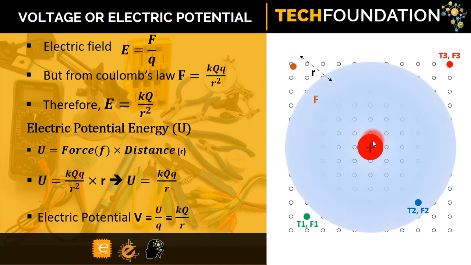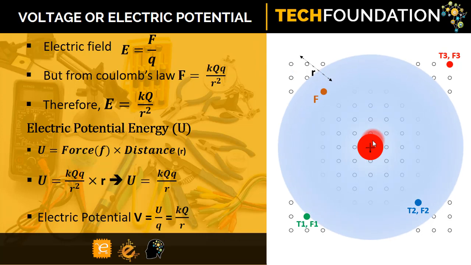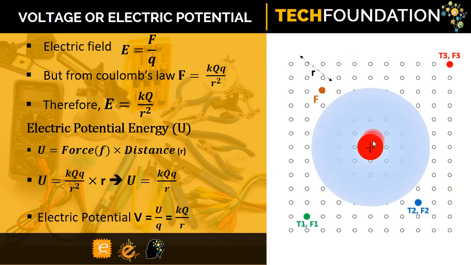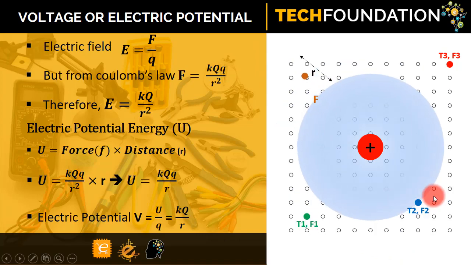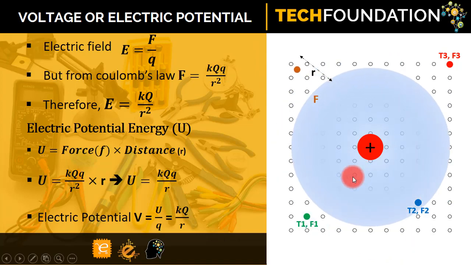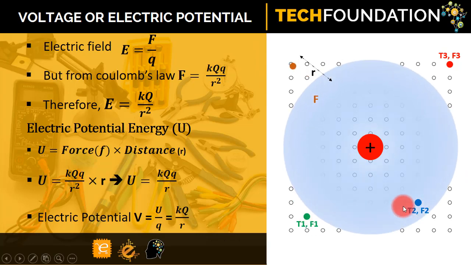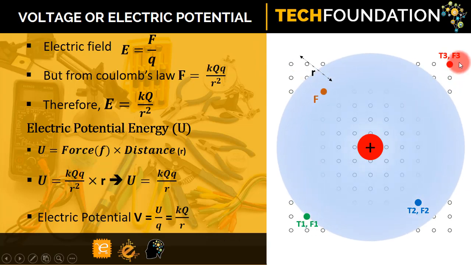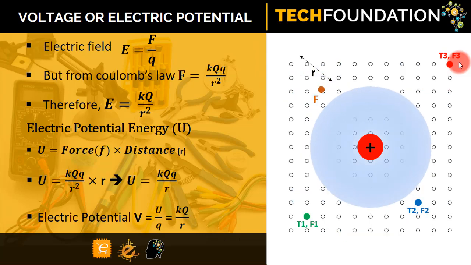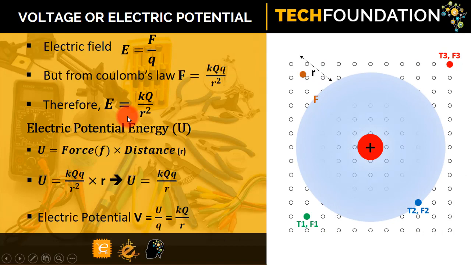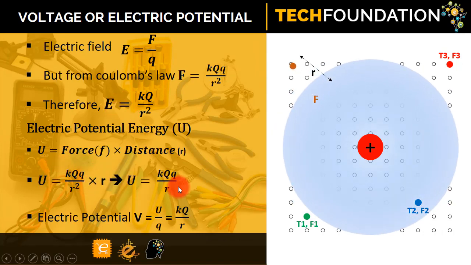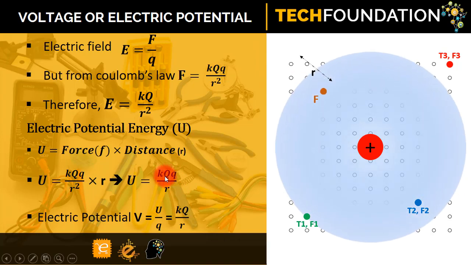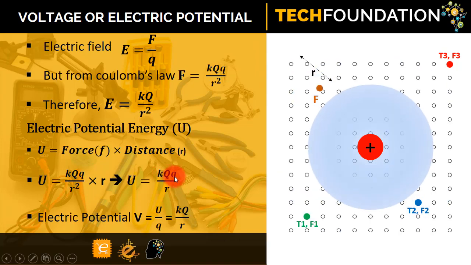The potential energy is, however, dependent on the charge that will be brought in the vicinity. For instance, if these charges have different values, let's say 1 coulomb, 2 coulombs, and 3 coulombs, then their potential energies are also going to be different, because the electric potential energy, U, as we have defined here, is dependent on both the positive charge and the test charge.